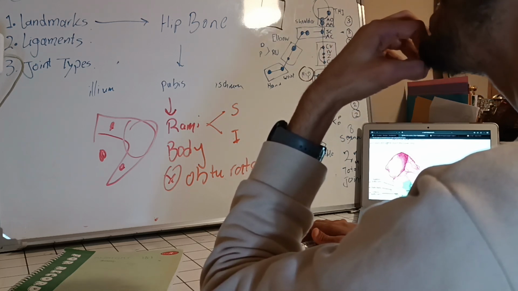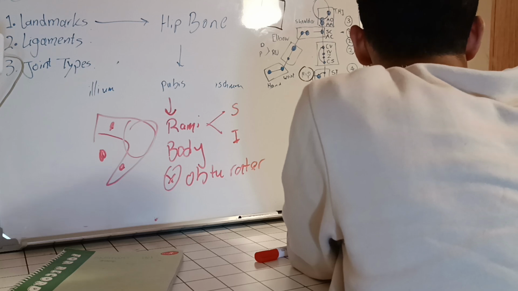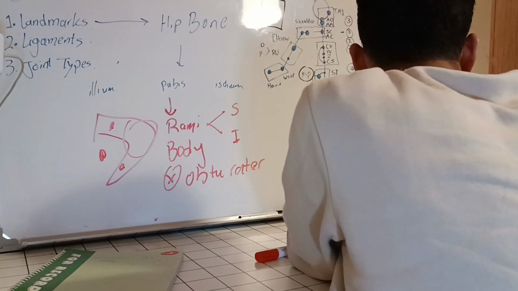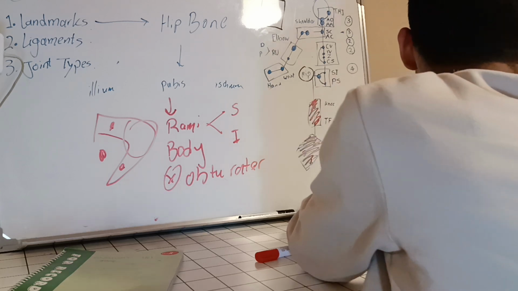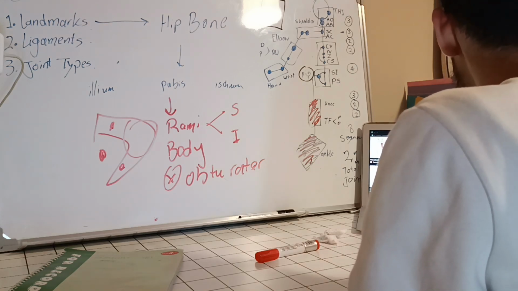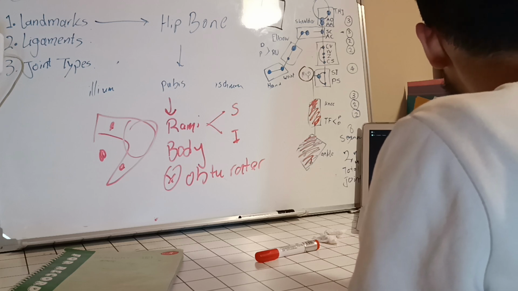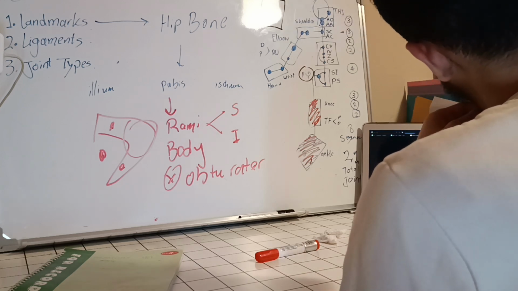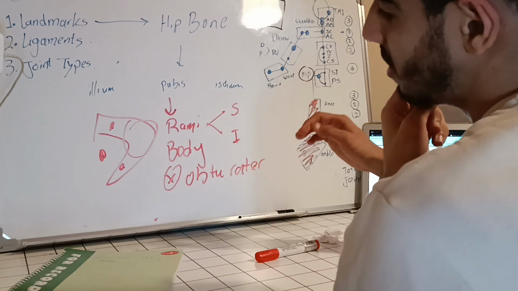Above this there is the adductor tubercle, on the medial epicondyle.